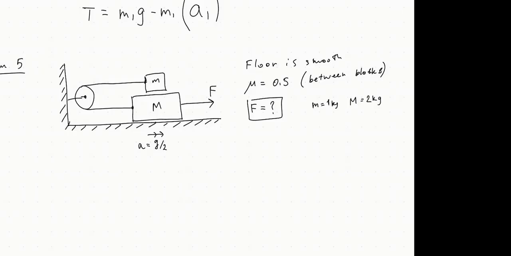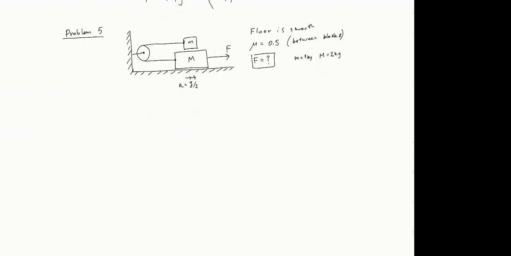Okay. We start by realizing that the acceleration would be the same. They're connected by a light inextensible string over a fixed pulley. That means that they have the same acceleration.